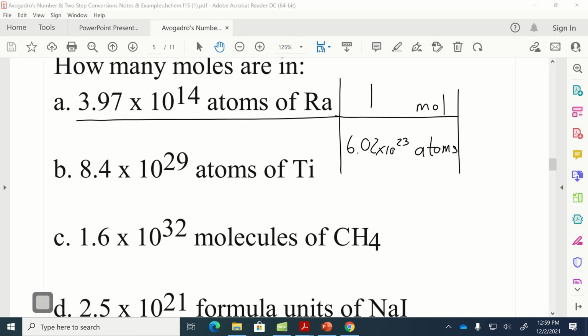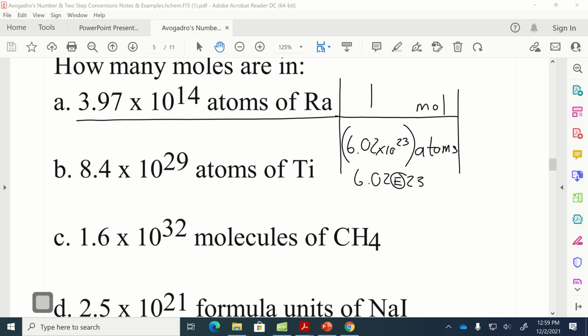Now, this is where you need to be careful. When you put this in your calculator, like I've talked about before with scientific notation, you need to put 6.02 times 10 to the 23rd in parentheses, or you need to know how to use that e function. Then you don't have to use parentheses. So I put in 3.97 times 10 to the 14th divided by, in parentheses, 6.02 times 10 to the 23rd.